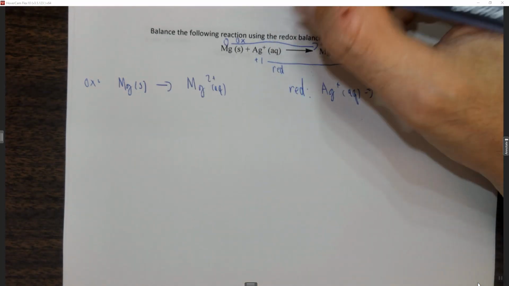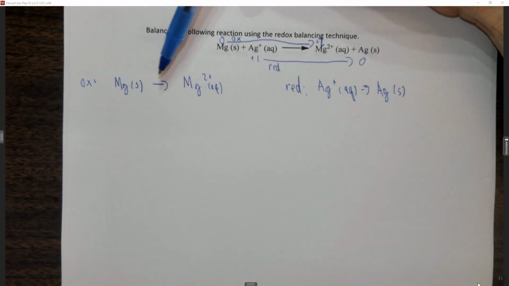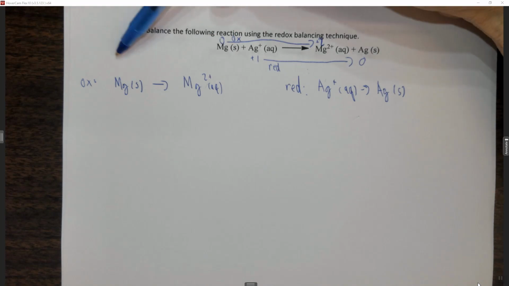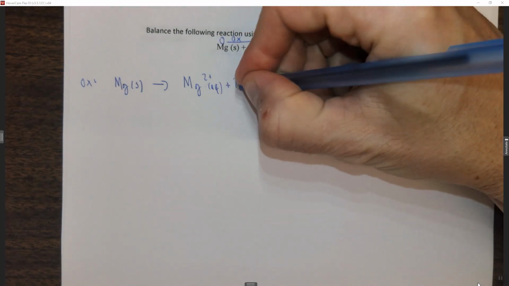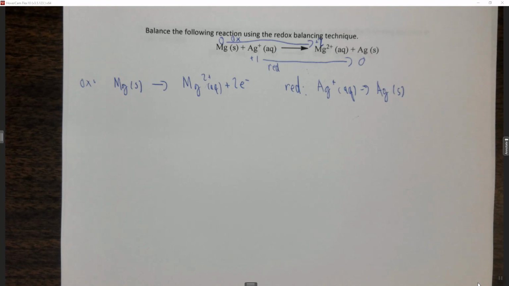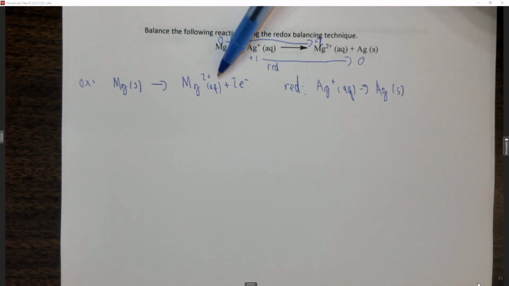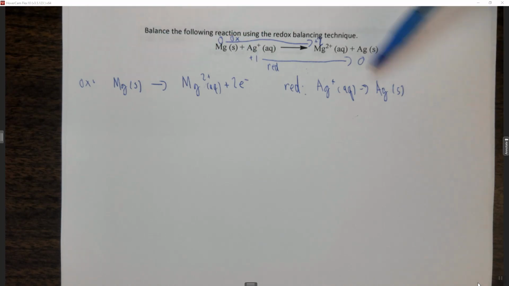So next we need to balance the charges in each half reaction. If we look here, magnesium yields magnesium 2 plus. So this side has a neutral charge and this side has a 2 plus charge. To balance that out, we add 2 electrons. Now you have 2 pluses and 2 minuses, so neutral and neutral.